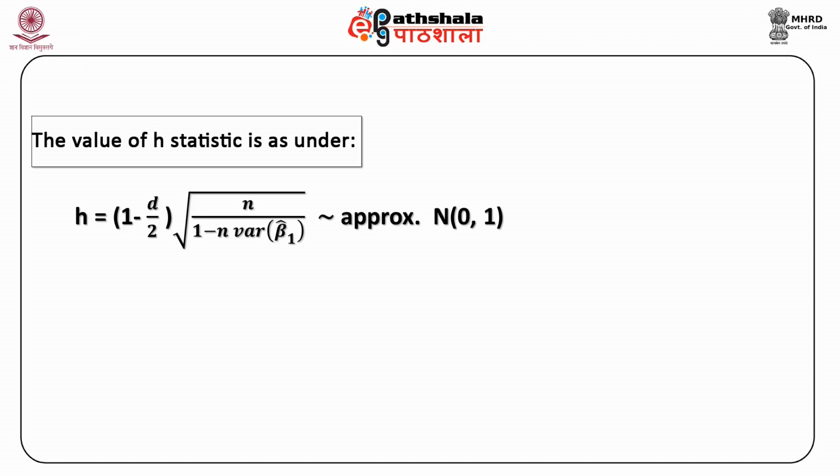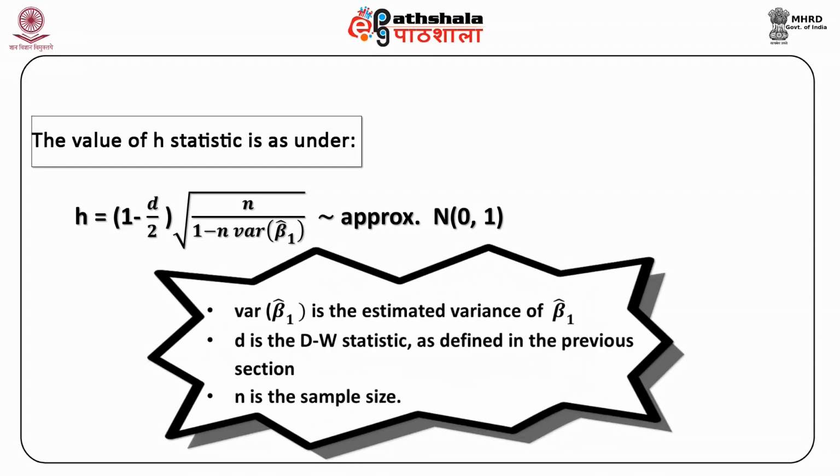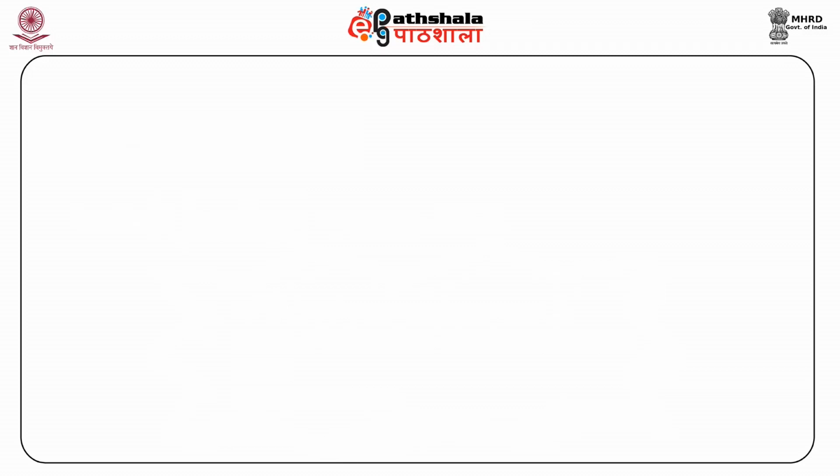This is approximately distributed normally with mean 0 and variance 1, where the variance of beta 1 hat is the estimated variance of the coefficient of y_(t-1). d is the Durbin-Watson statistic as defined earlier, and n is the sample size in this formula.